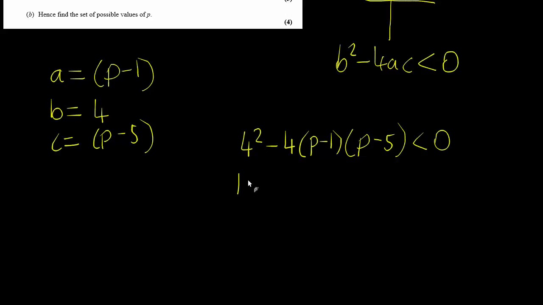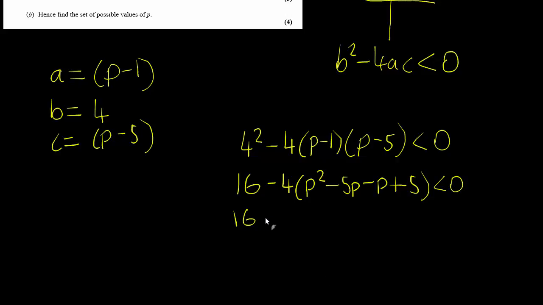If we simplify this a little bit, 16, and then it makes sense to expand out the double brackets next. So p times p is p squared, p times minus 5 is minus 5p, minus 1 times p is minus p, and minus 1 times minus 5 is plus 5, and that's still less than 0.